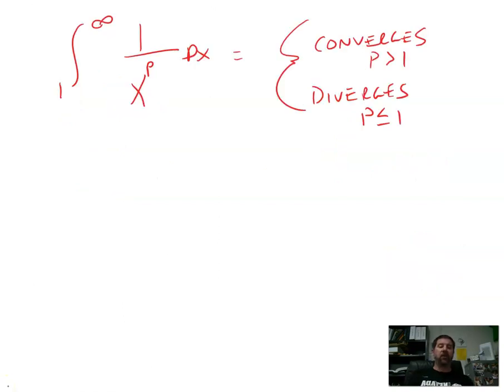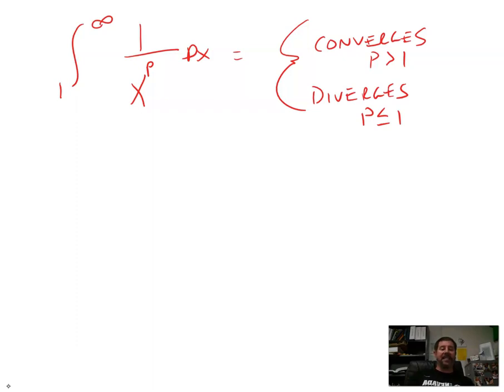All right, quick little review of a topic from yesterday. We talked about the integral from like 1 to infinity of 1 over x or 1 over x squared. And we talked about when those things would converge or diverge. And here's kind of our rule for it summed up for us. If I'm looking at the integral from 1 to infinity of 1 over x to the p, where p is some power, if that p is greater than 1, I know that it is going to converge.